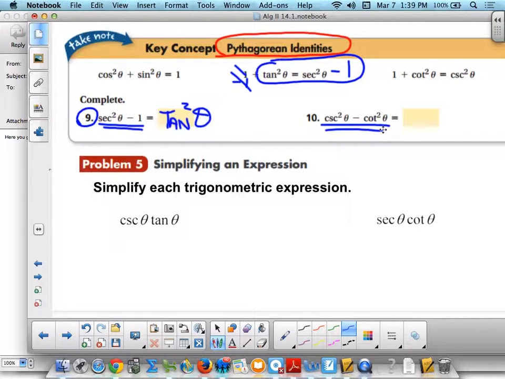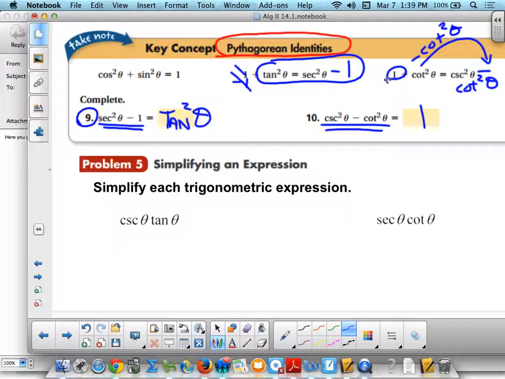Cosecant squared is right there. Move that over, right, guys? Wouldn't that just be 1 minus cotangent squared? What do you think it is, Brock? 1. He says 1. Do you agree with Brock? Yeah. Cosecant squared minus cotangent squared is 1. He's right. Good?